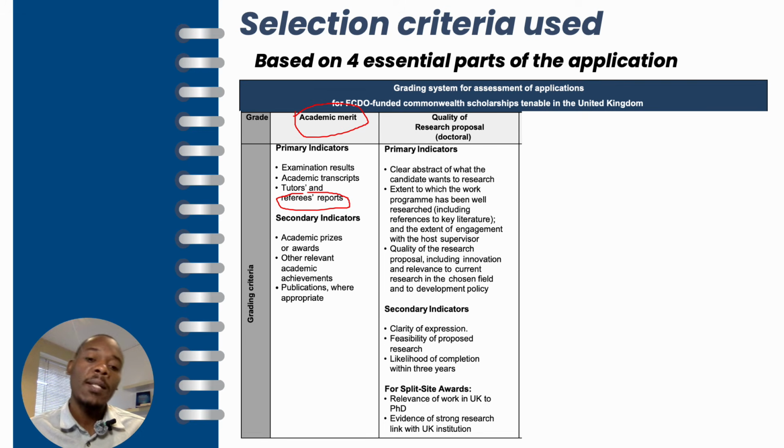Then the secondary indicators that they are going to consider for those applying for PhD will be things like how you have expressed your research proposal. Is it very clear? Does it show that it's feasible research that you are going to carry out? Can it lead to an award of a PhD?